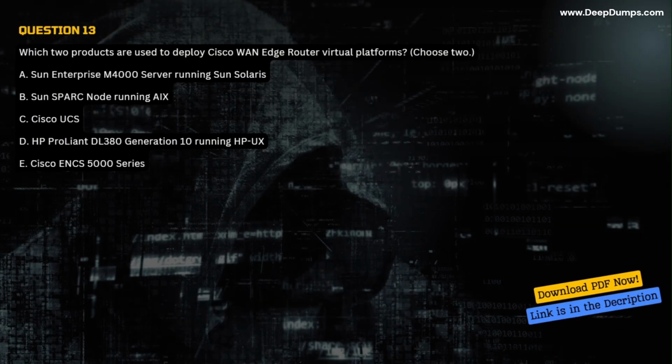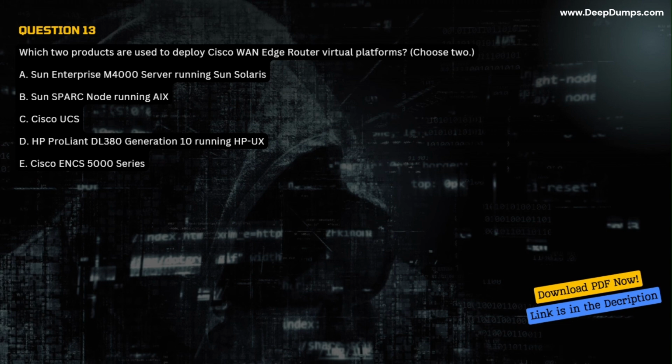Question 13. Which two products are used to deploy Cisco WAN Edge Router virtual platforms? Choose two. A. Sun Enterprise M4000 server running Sun Solaris. B. Sun SPARC node running AIX. C. Cisco UCS. D. HP ProLiant DL380 Generation 10 running HP-UX.